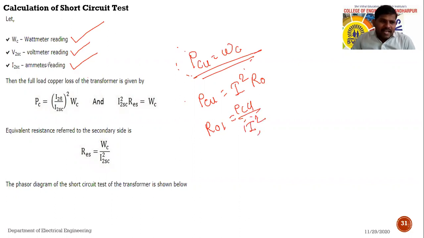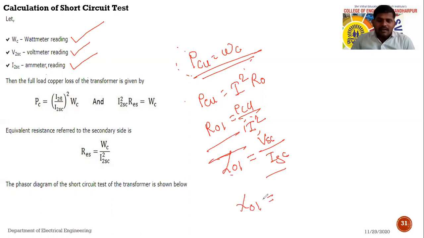And again, you know the value of V and I. So you are able to calculate Z01, which is the short circuited voltage VSC divided by the short circuited current ISC. And once you know Z and R, you are able to calculate X01, the equivalent reactance referred to primary or secondary.